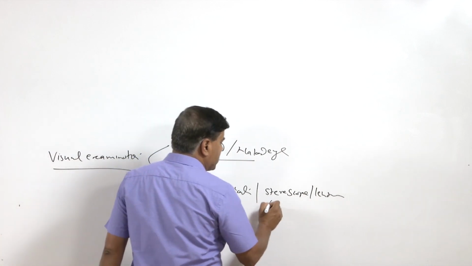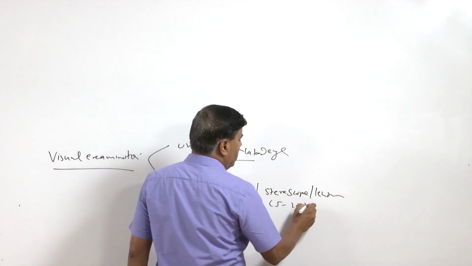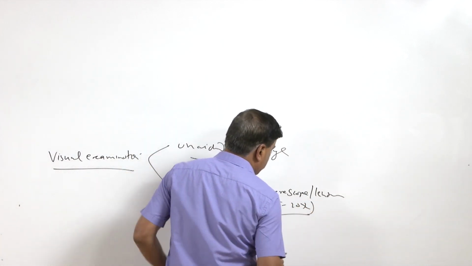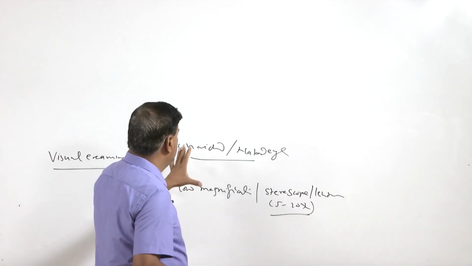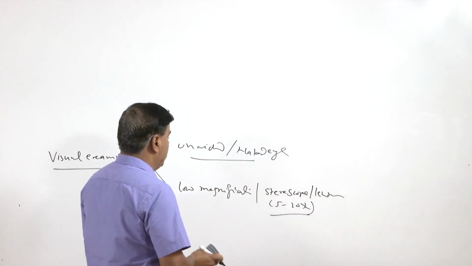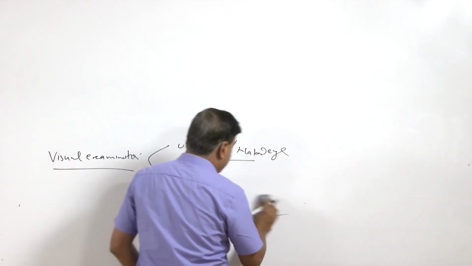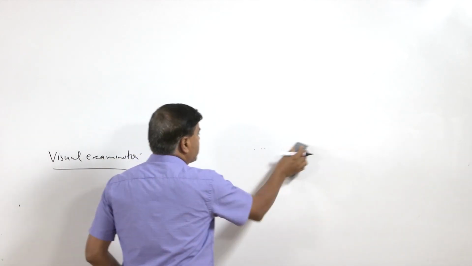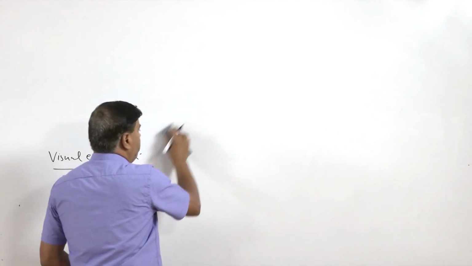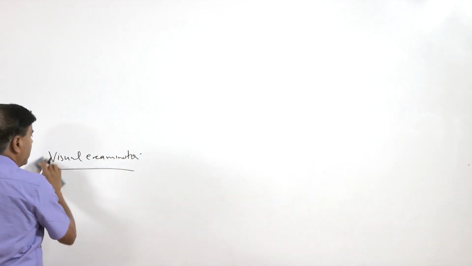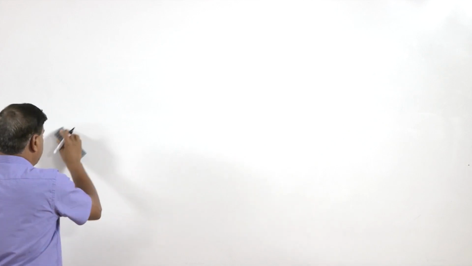Normally this range is 5 to 20 x magnification, or one uses the unaided eye. So, as per the need, the suitable technique is applied for the visual examination.